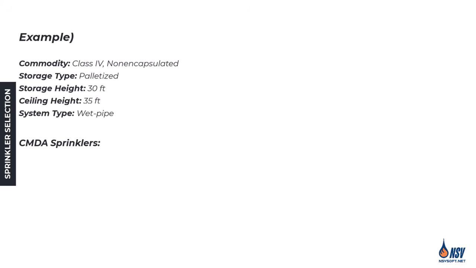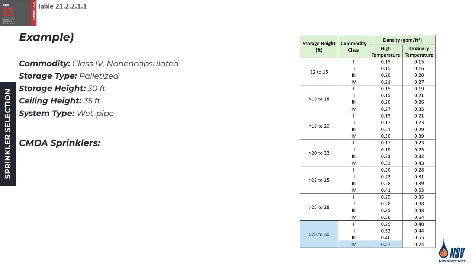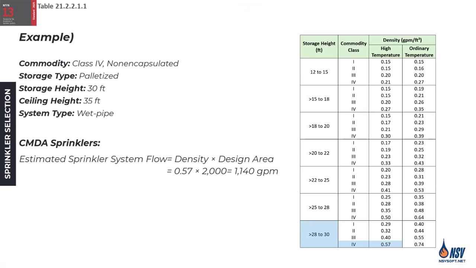Using CMDA sprinklers, Table 21.2.2.11 requires a design density of 0.57 gallons per minute per square foot. Multiplying this value by 2,000 square feet and ignoring minor and major losses results in a sprinkler system demand of 1,140 gallons per minute.